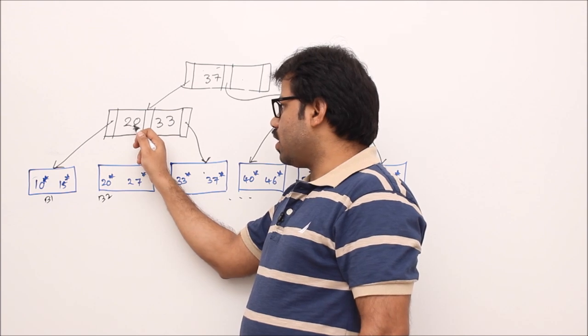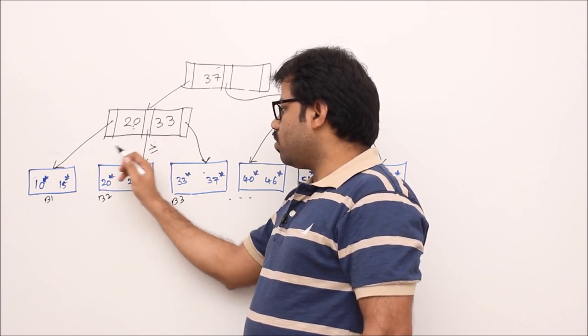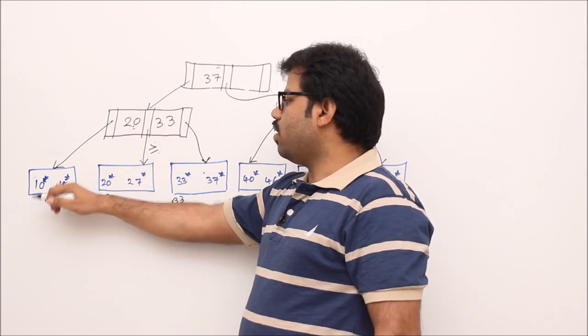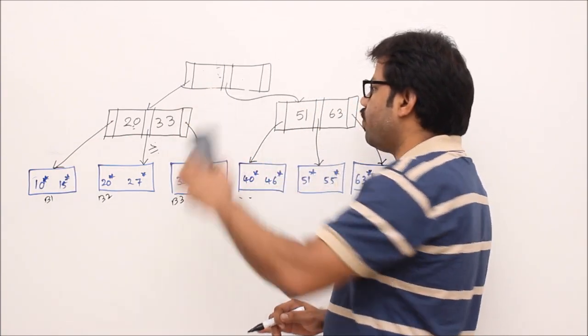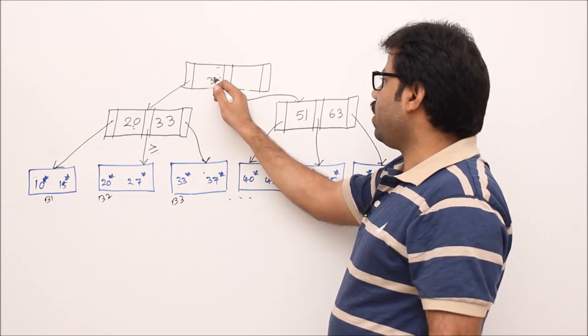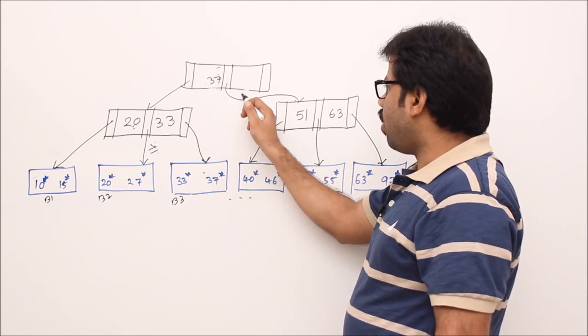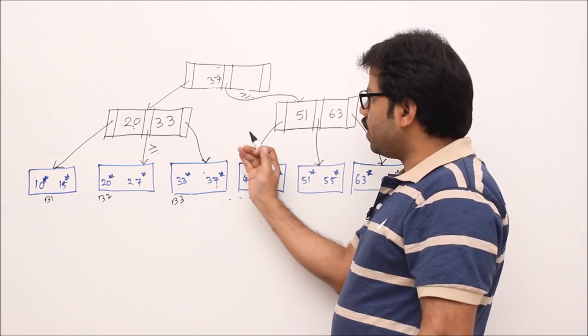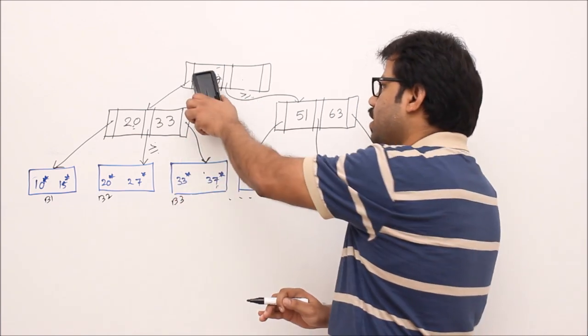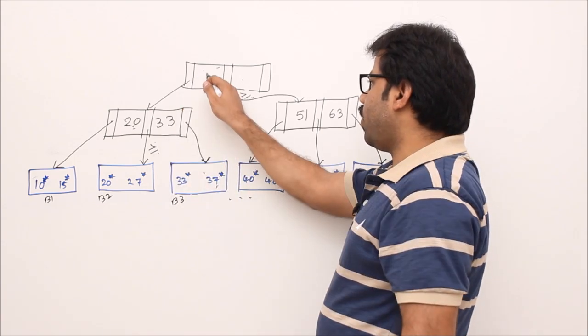See, 20 is greater than or equal to 20, and here these values are all less than 20. Similarly, 37 will not work, because if I keep 37, all these values should be greater than or equal to 37, but this 37 is on the left side. What if I keep 40? It will work.